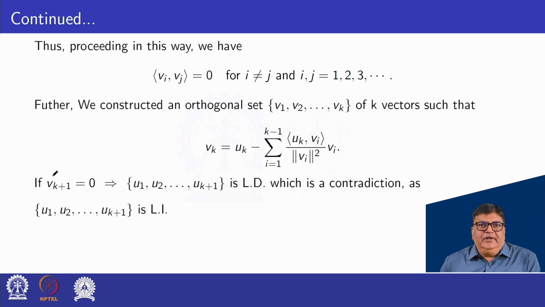If Vk plus 1 is equal to 0, this implies that U1, U2 and so on Uk plus 1 is linearly dependent, which is a contradiction as U1, U2 and so on Uk plus 1 is linearly independent.